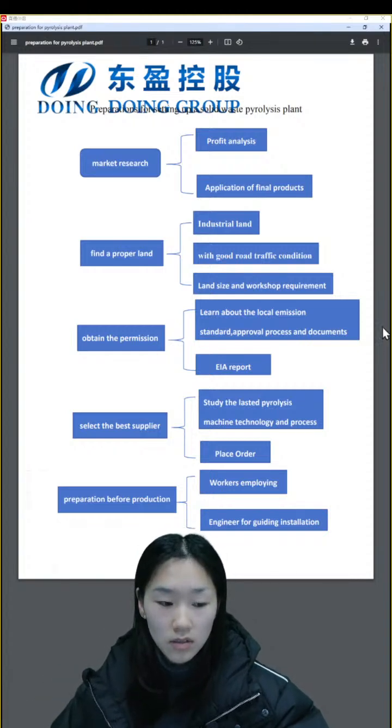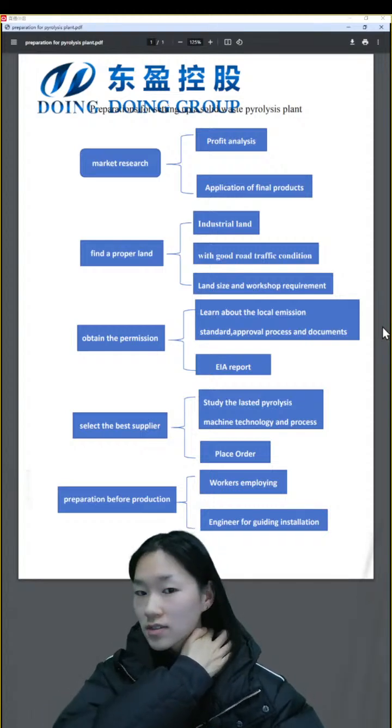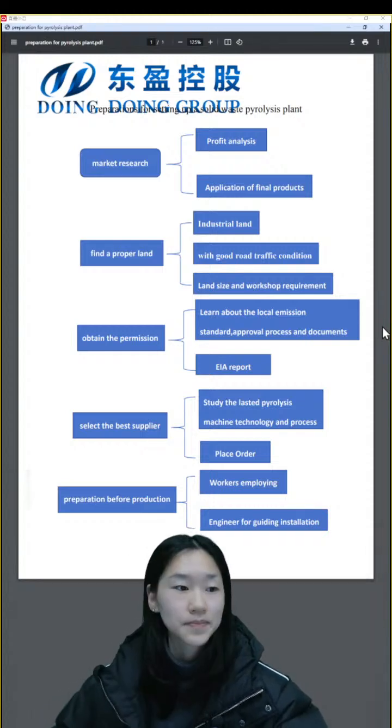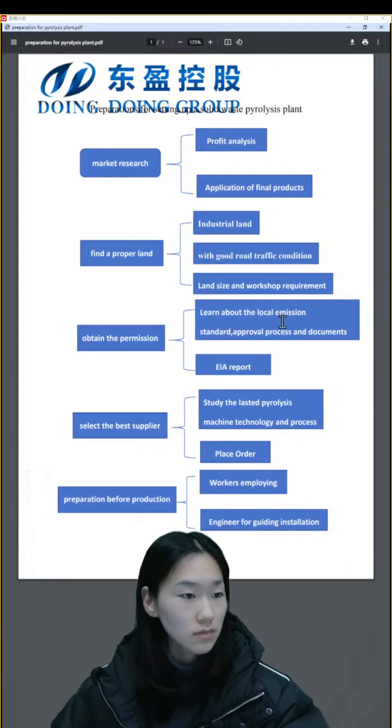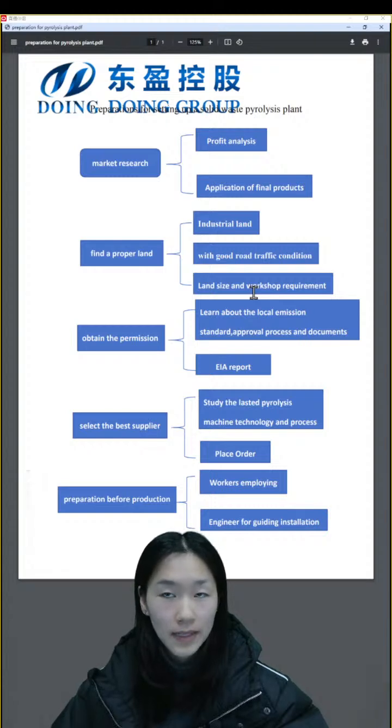So one unit machine takes an area of around 300 square meters. If you have a ready workshop, you can contact us for making a layout.